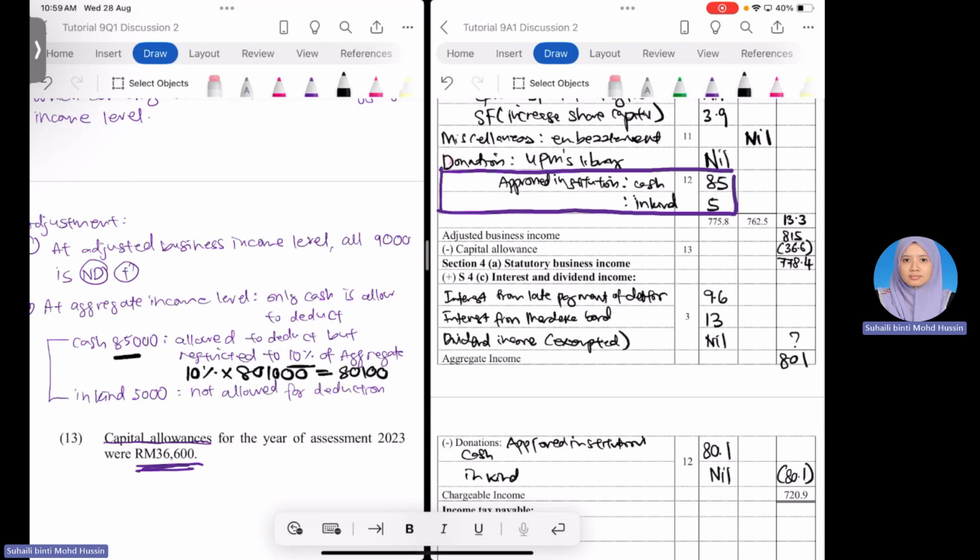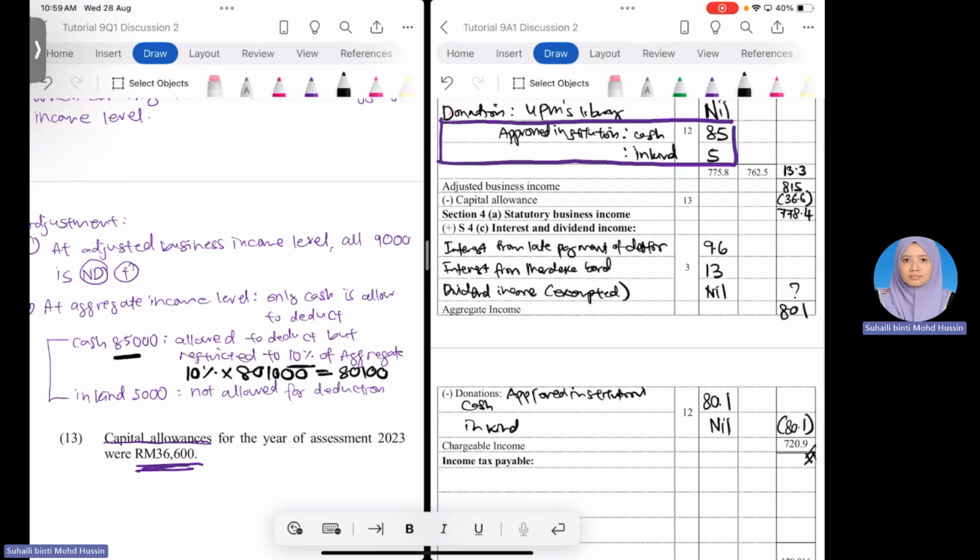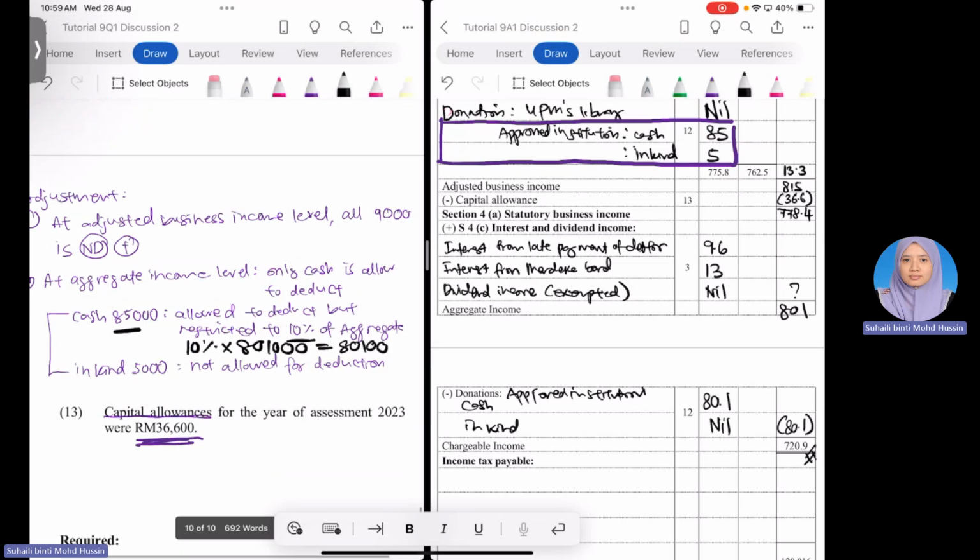So aggregate income minus the donation, you get the chargeable income. You made a donation of 85,000 ringgit, but the donation is only allowed 10% of the aggregate income. So 10% times 801,000 ringgit, only 80,100 ringgit is allowed to deduct. Then you get the chargeable income.